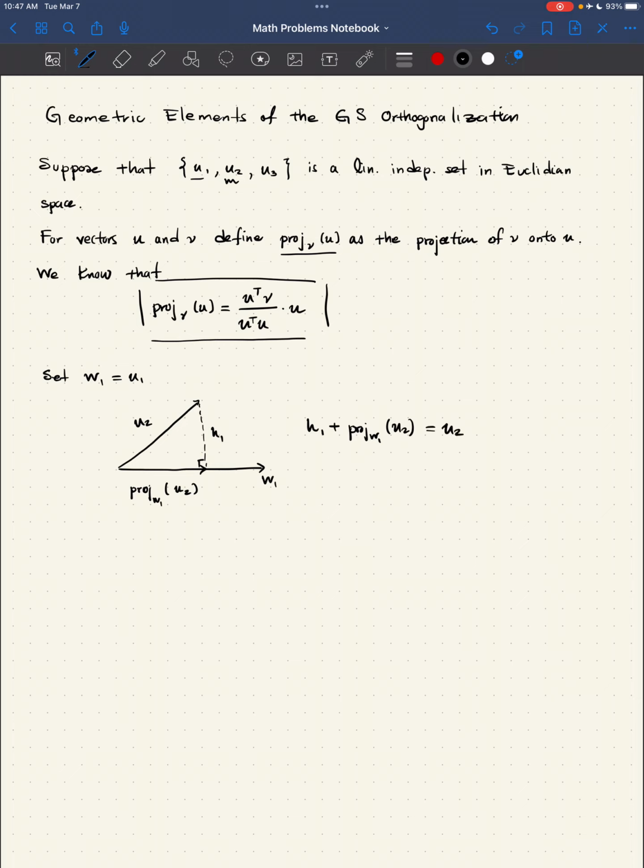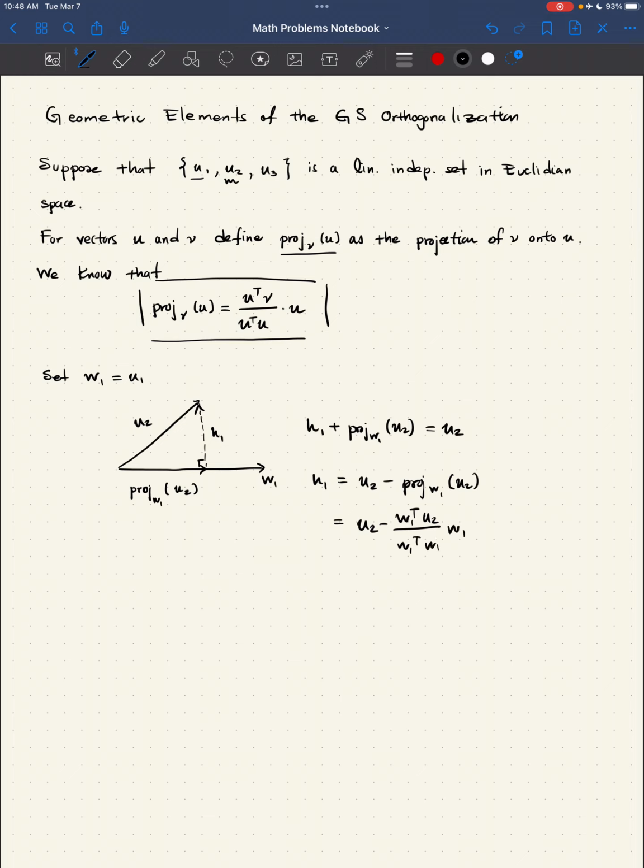We can just follow the triangles associated here. What is this saying? This is saying that H1 may be written as U2 minus the projection of U2 onto W1, which we can specify algebraically as U2 minus W1 transpose U2 over W1 transpose W1, times W1.